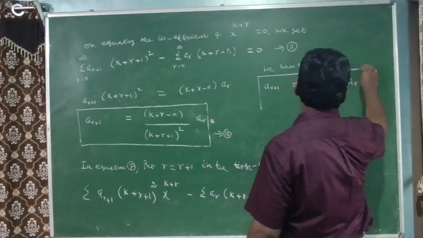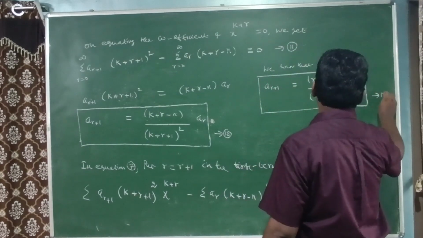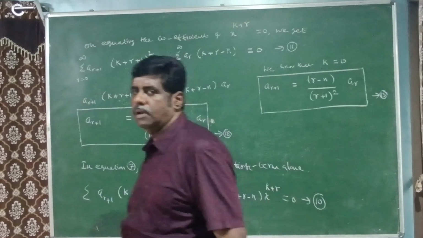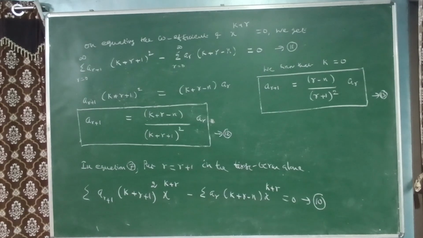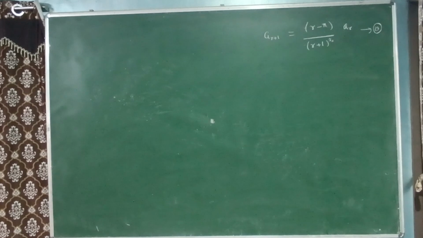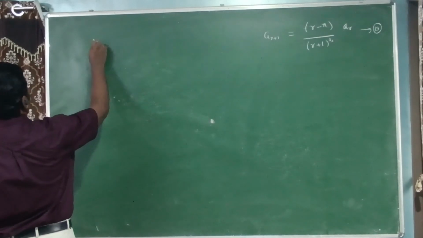This is the value of ar plus 1. See this equation 13. Now we have to put the value of r equal to 0, r equal to 1, r equal to 2, and so on. In equation 13, put r equal to 1. Sorry, put r equal to 0 first.